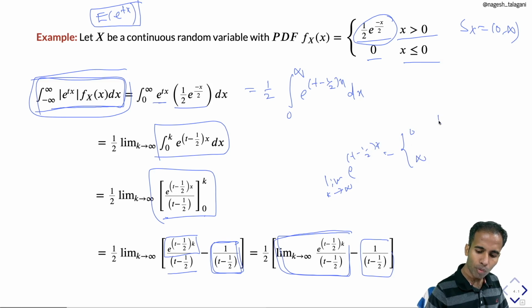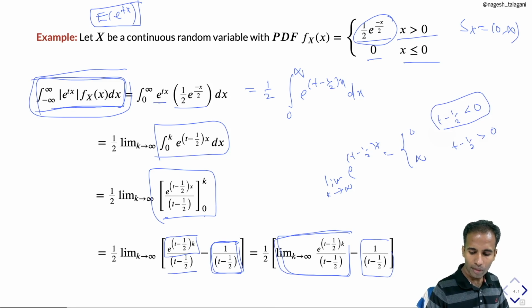It will be 0 when t - 1/2 is less than 0, and infinite when t - 1/2 is positive. So the limit exists only when t - 1/2 is less than 0, and that limit is then 0.